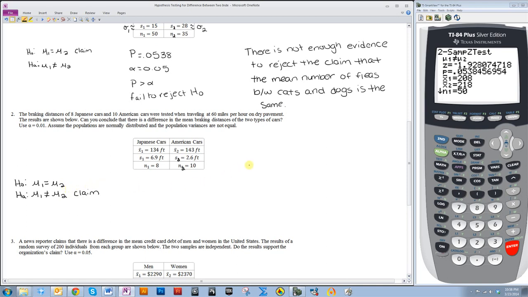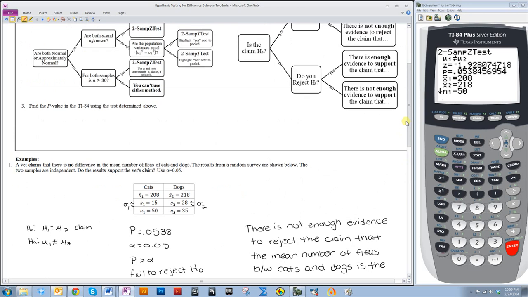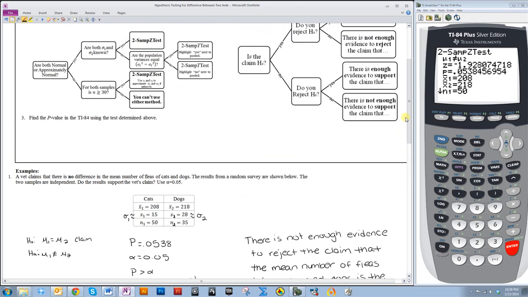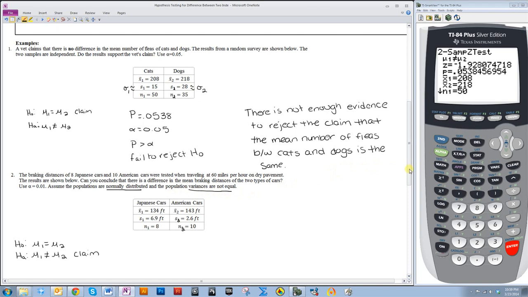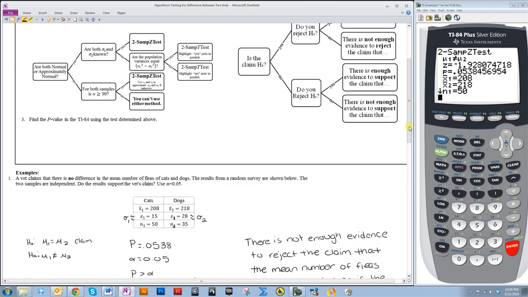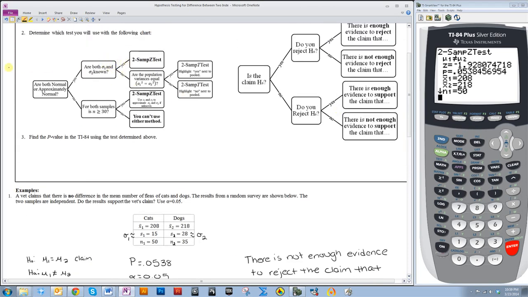Okay, now I need to figure out which test I need to use. So the first question, are they both normal or approximately normal? Now it does say assume they're normal, and it also says the population variances are not equal, which will be one of the future questions. So are they normal? Yes. Are both sigma 1 and sigma 2 known?